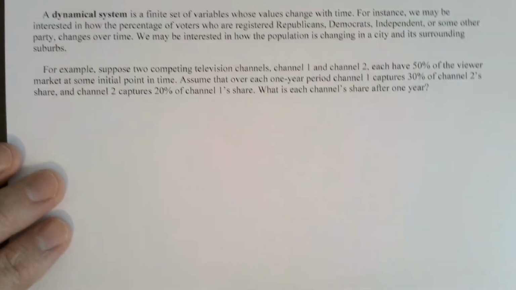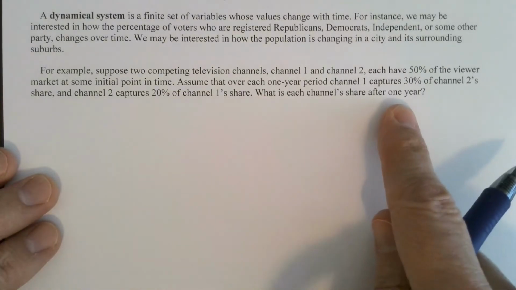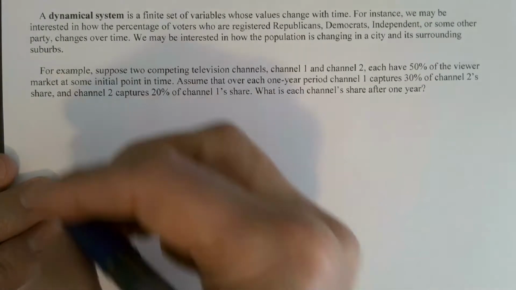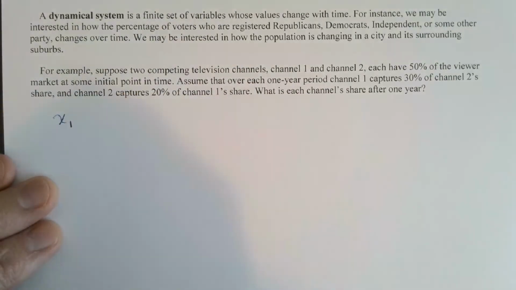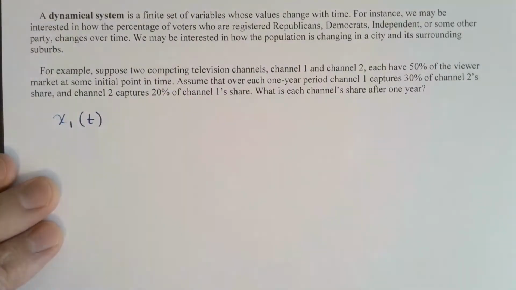The way I'm going to set this problem up is to help us not just answer this one question, what is it after 1 year, but also what will happen after 2 years, after 3 years, etc. What's the pattern? In order to set that up, I'm going to assign 2 variables, x sub 1, and I'm going to emphasize it's a function of time.